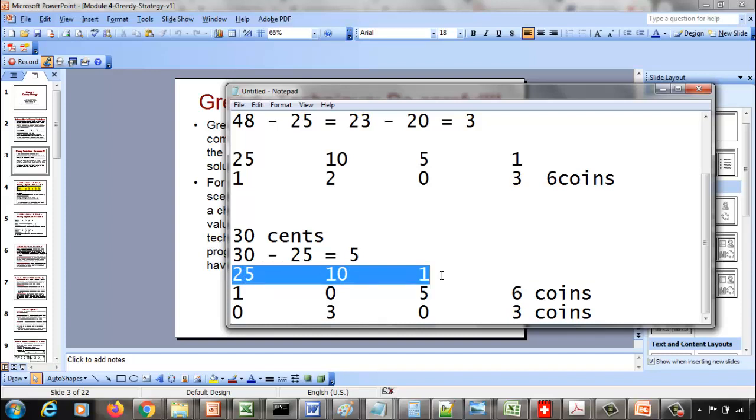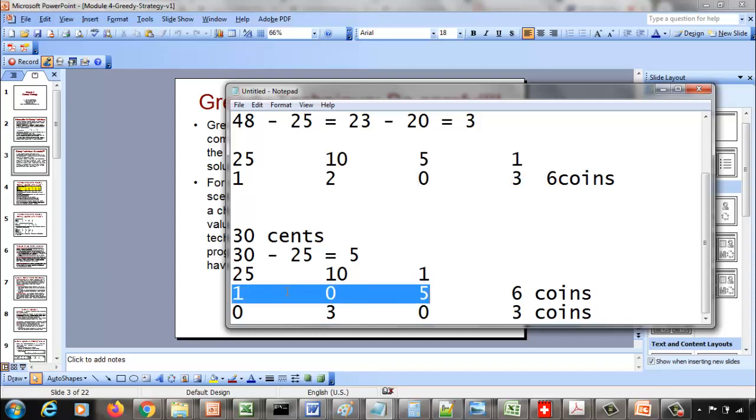Okay. So you see, in both these examples, the greedy strategy is kind of narrowing down your choices. Like here, after you pick the coin with value 25 cents, you could pick 2 10-cent coins, but you cannot pick any 5-cent coins. You are forced to pick up 3 1-cent coins. And here it is even more obvious. After picking one 25-cent coin, you cannot pick any 10-cent coins. You have to pick the 1-cent coins 5 times.